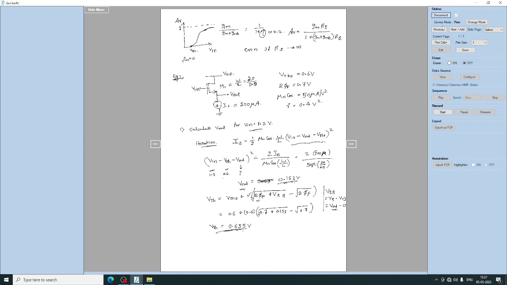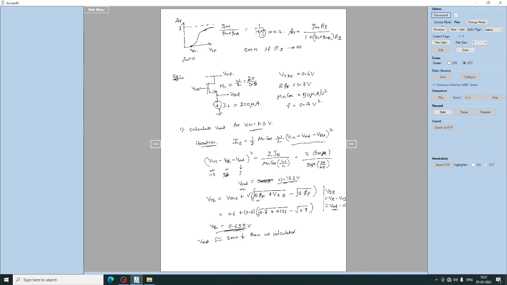This is the change that has occurred because of the body effect, which means the body and the source terminal are at different potential. Earlier the threshold voltage was 0.6, now it is 0.635.